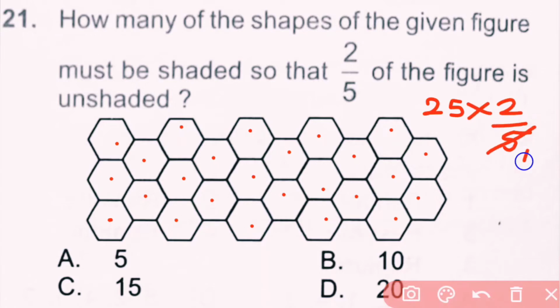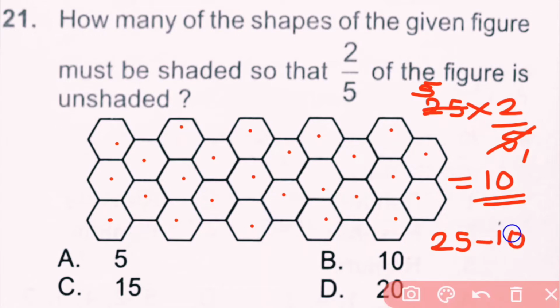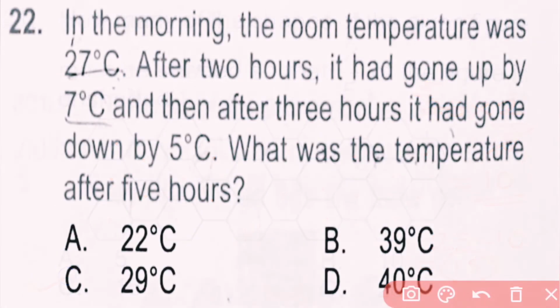Here 5 ones are 5, 5 5s are 25, and 5 into 2 is 10, which means 10 figures are unshaded. So shaded figures are equal to what? 25 minus 10 is equal to 15. So the number of shapes that should be shaded is 15. C is the correct answer.